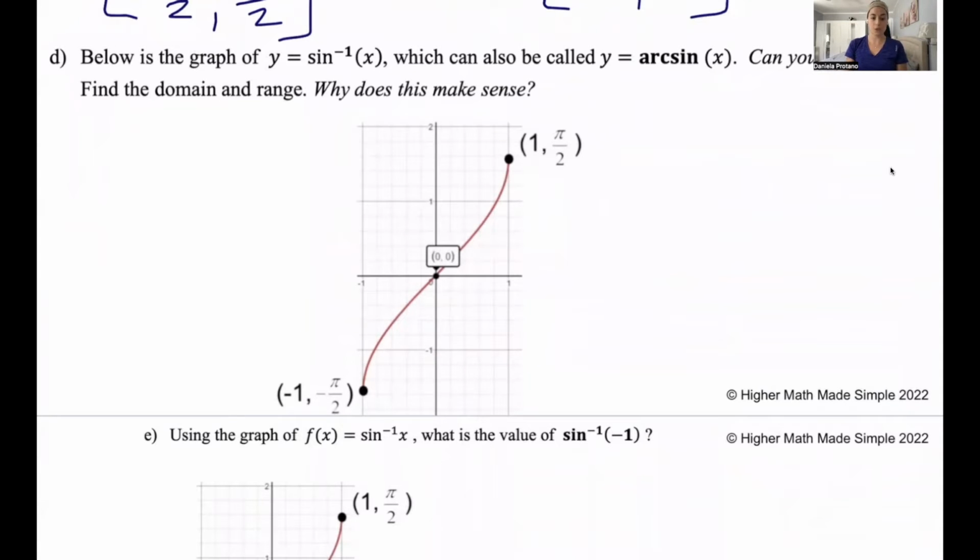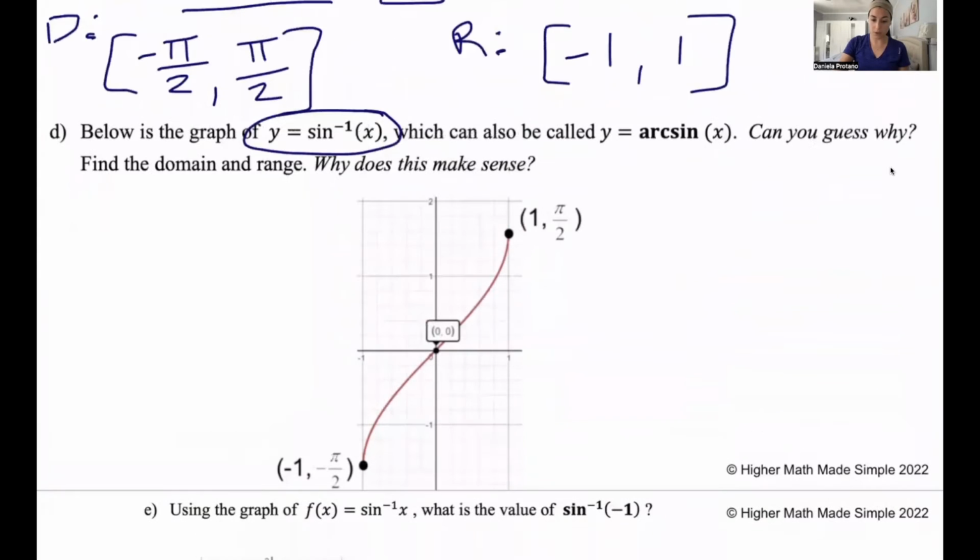And just a reminder, the inverse sine can be written as sine to the negative 1. It can also be written as arc sine, and that is where that arc comes from. Whenever you see arc sine or arc cosine or arc tangent, and so on, it just means inverse, again because of that arc.